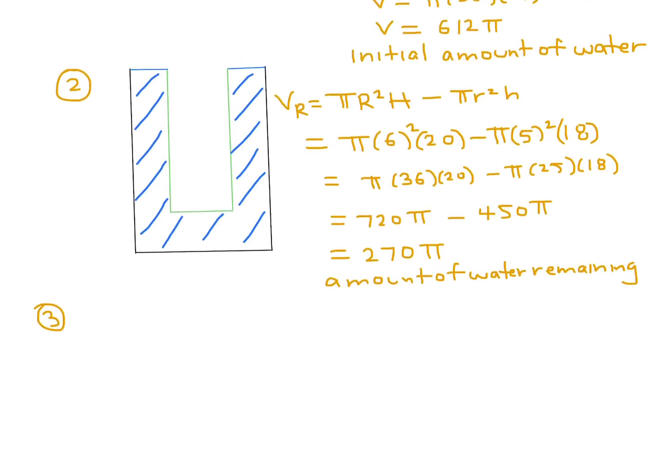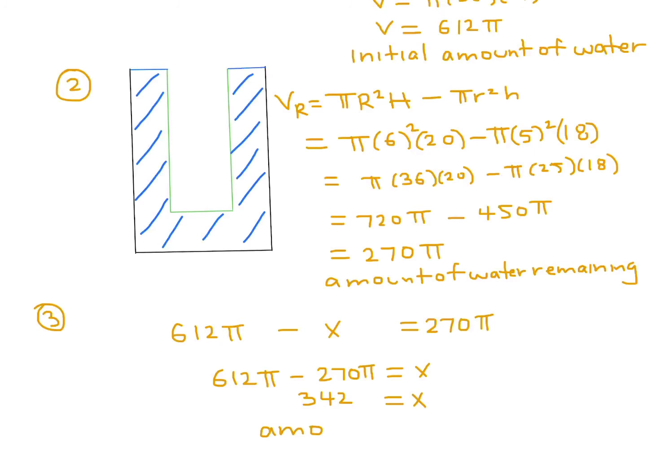Well, that shouldn't be too hard. Initially, you had 612 pi of water, and 270 is remaining. So if x represents how much flowed out, x can be calculated in a straightforward manner. It's just 612 minus 270, and therefore x is 342. So this is the amount that flowed out.